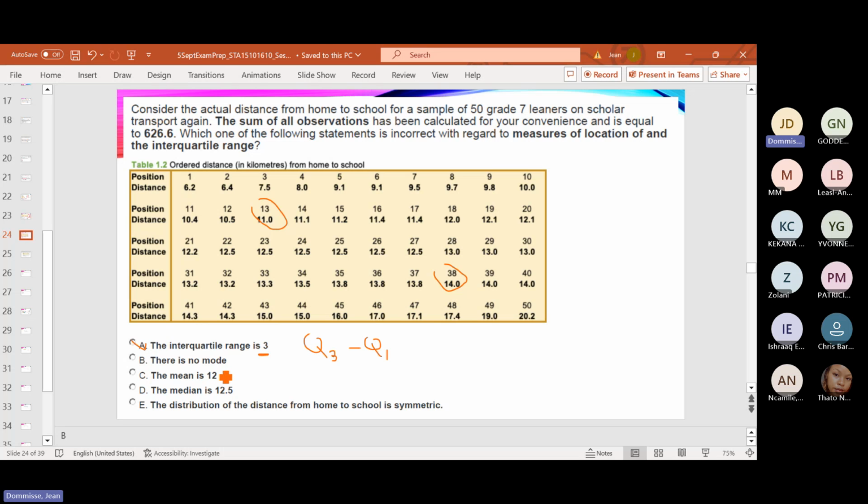Okay, there is no mode. Okay, so there's already a mode. There's 9.1 and 9.1, so there's already a mode, but it might be more than one mode, so let's just check the others. So there is another mode, so it's basically bimodal, or trimodal.